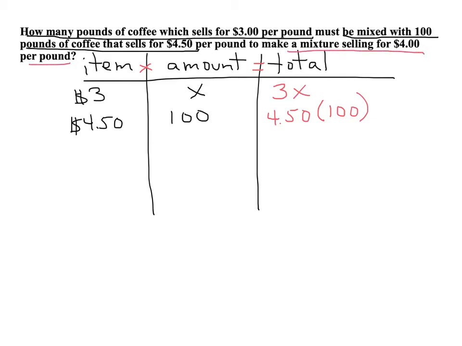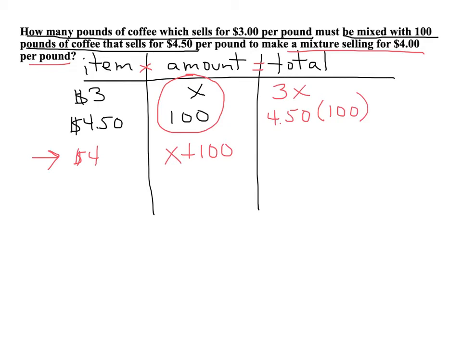In this particular case, I know that I'm going to be making a mixture that sells for $4 per pound, and I could, if I wanted to, make a third row. The item is going to be $4 per pound coffee, and I am going to be combining the $3 and the $4.50 coffee in order to get the $4. So the amount of the $4 coffee must be x plus 100.